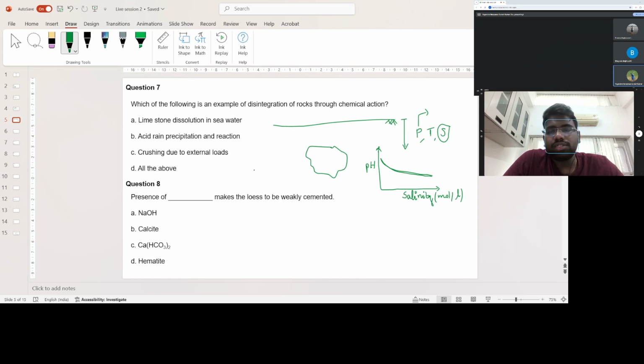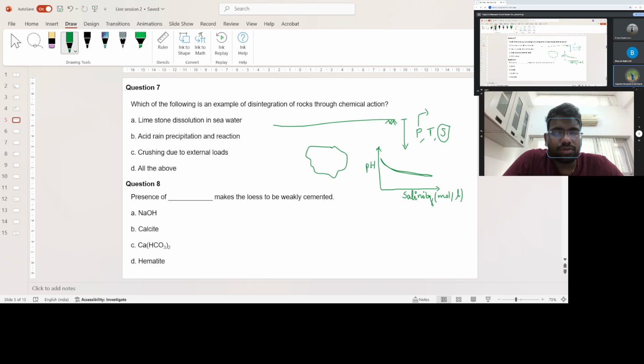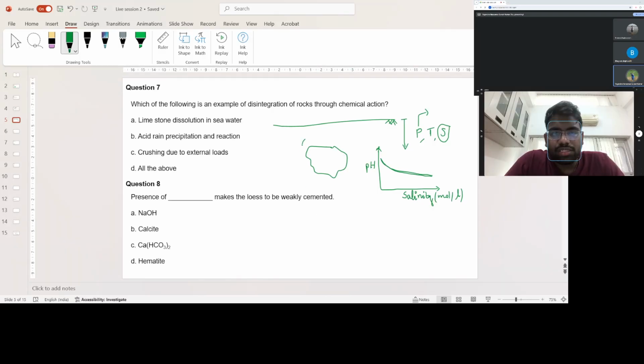One of the possible reasons is this: when you consider any acid, and limestone is essentially, what does it constitute of? What is the mineral? CaCO3, right?